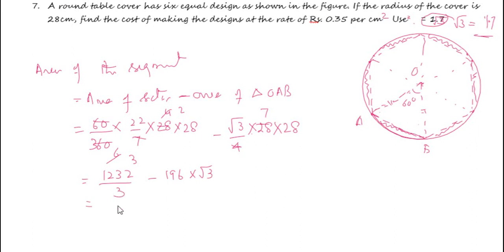This comes to 410.7 minus 196 into root 3, with root 3 as 1.7, so this comes to 333.2. If you subtract, that is equal to 77.5.